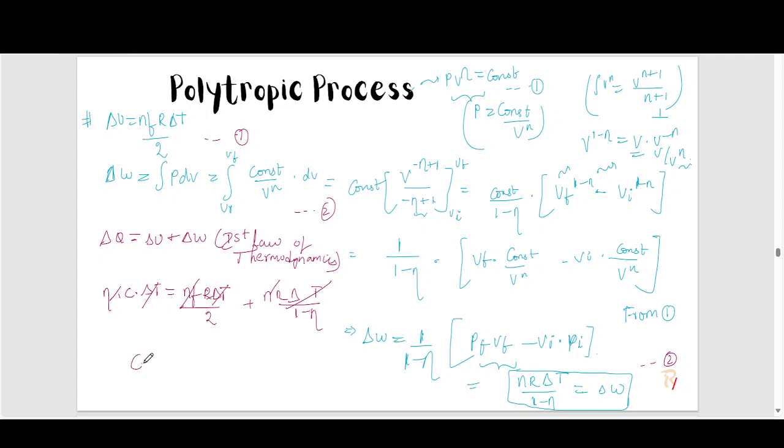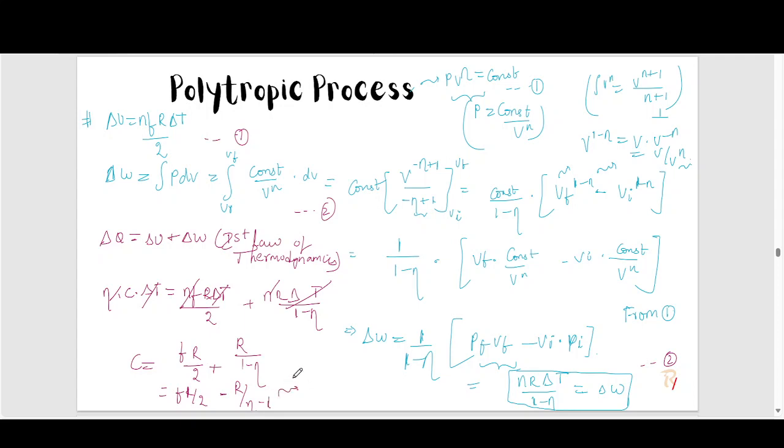From this we can write C equals fR upon 2 plus R upon 1 minus n. From this we can write fR upon 2 minus R by n minus 1.